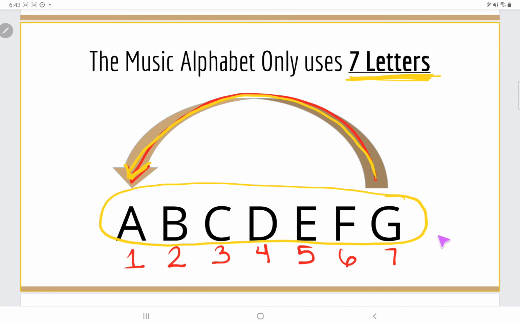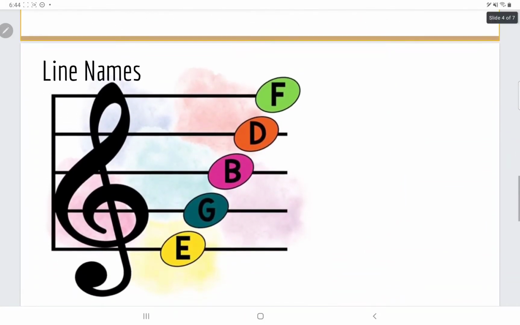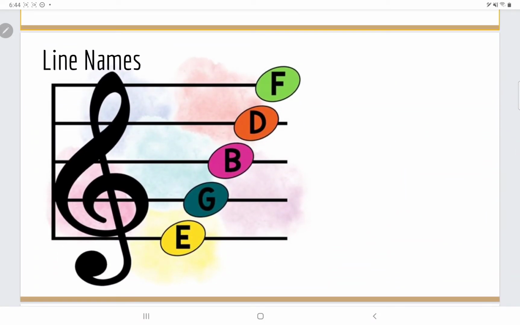All right, scholars, if you have finished writing down all 7 letters with your arrow, then we're going to start learning the actual names of all those lines and spaces that we made earlier. So our lines, remember we had 5 lines, our lines have names to them.